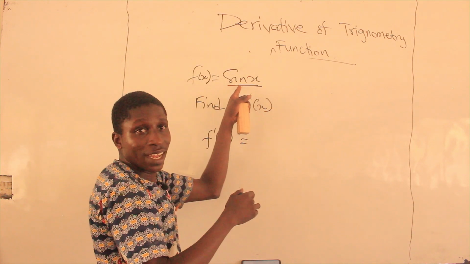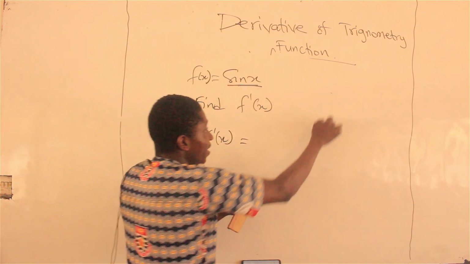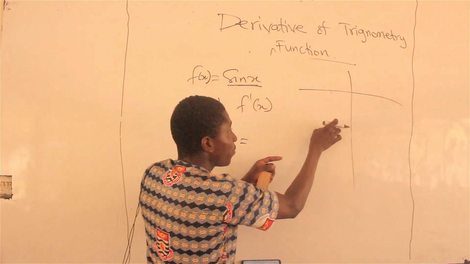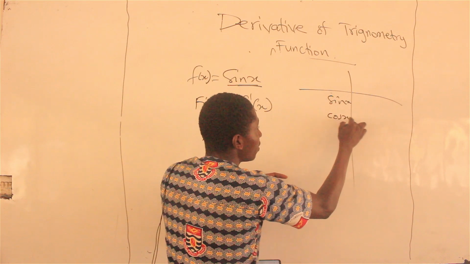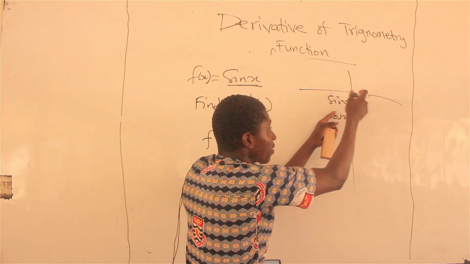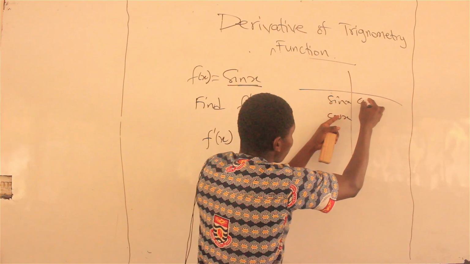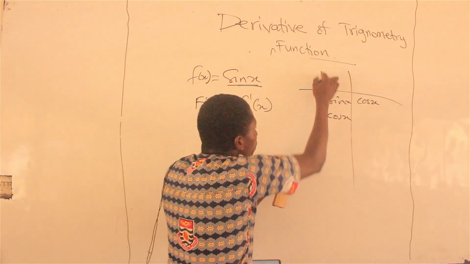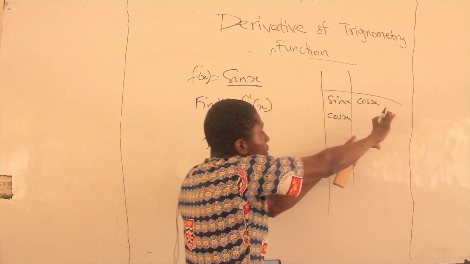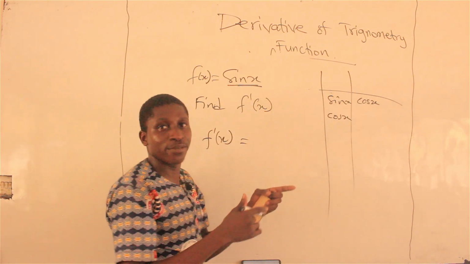So when you differentiate the sine, you get what? If you remember, we first do it here: sine, cos. So we say just interchange it. So you get cos s. Sometimes you have to just do this one somewhere so that it will guide you.